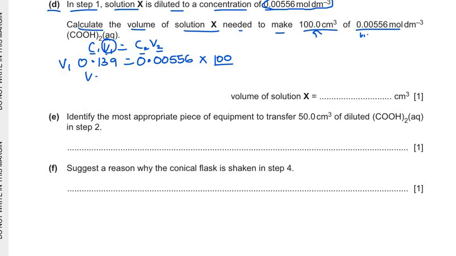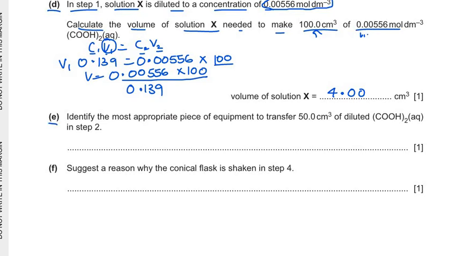So V1 is equal to 0.00556 multiplied by 100 divided by 0.139. If this calculation is done, we get the volume as 4.00 centimeter cube. That's the volume we'll calculate after this calculation.